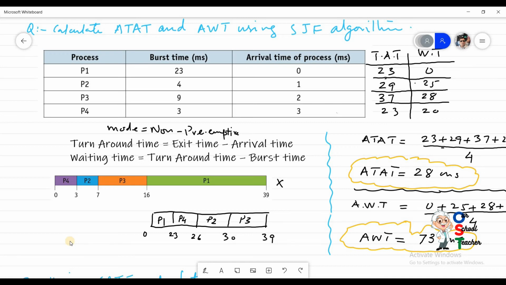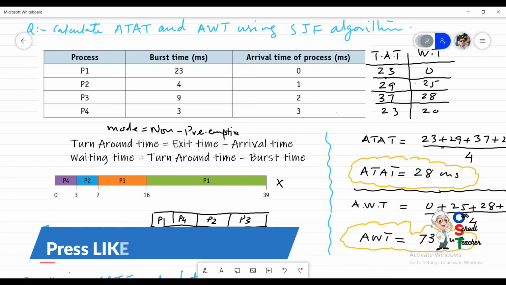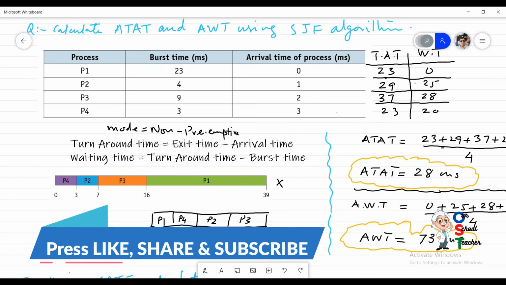So first 23 milliseconds will be given to P1, and during this time other processes are also in the queue. After 23 milliseconds, it will be seen which process has the requirement of least CPU time.